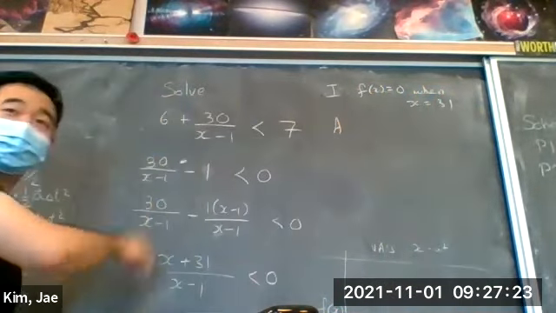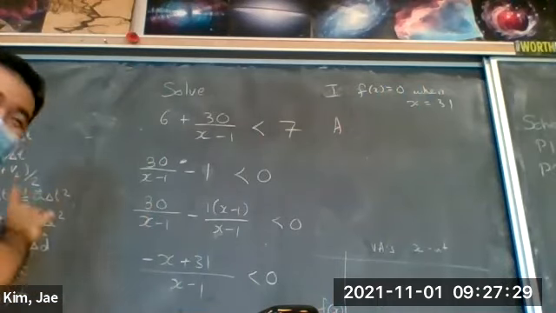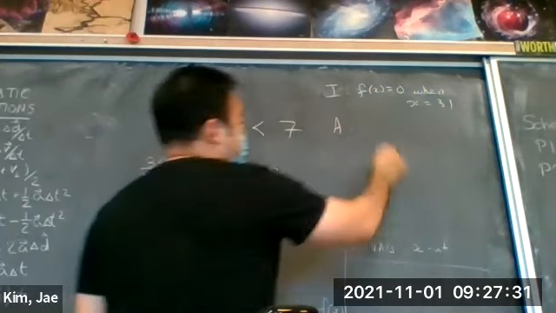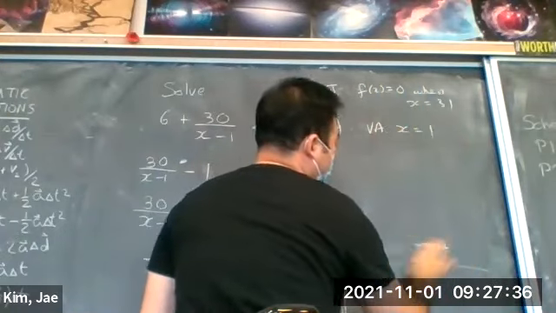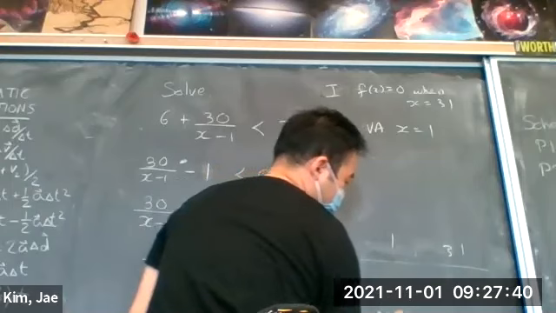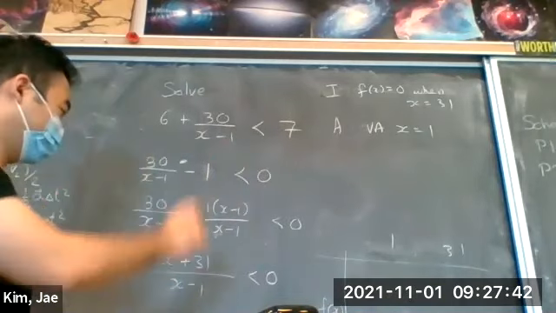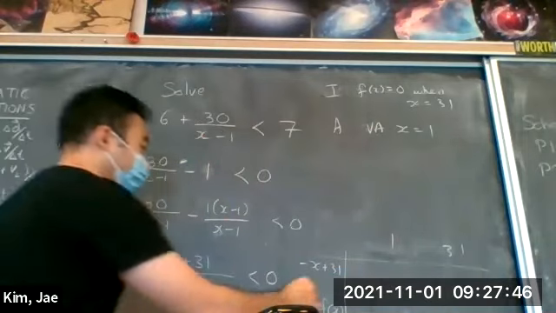I don't care whether there's a horizontal asymptote and a vertical asymptote. Sorry, I don't care if there's a horizontal. I'm looking for the vertical. So up here, I'm going to have a 1 and a 31. I'm going to have negative x plus 31. I could have factored that, but whatever.